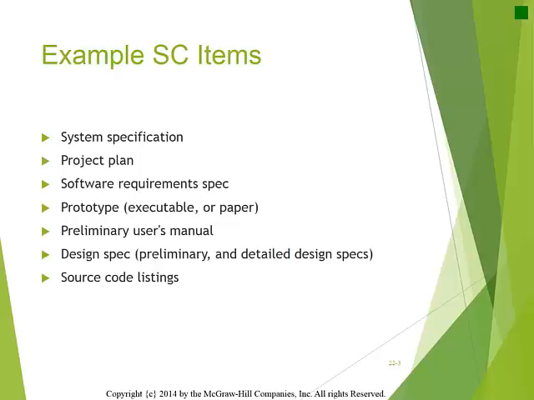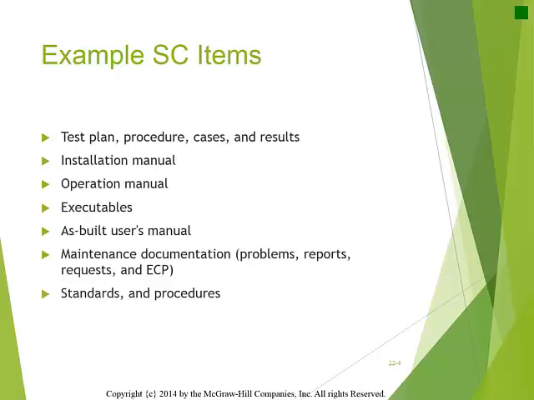Examples of typical artifacts that are designated as software configuration items are system specification, project plan, project requirements, system prototype, preliminary user manuals, design specification, and source code. In the software project, these items are generally placed under configuration management shortly after they are created.